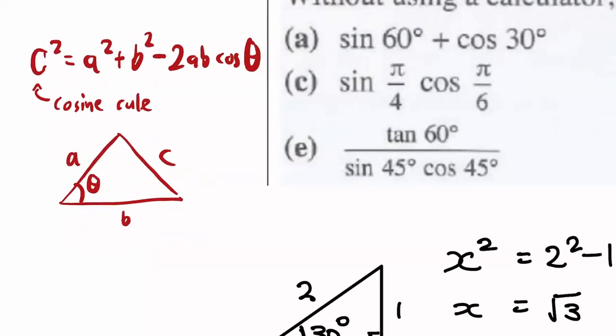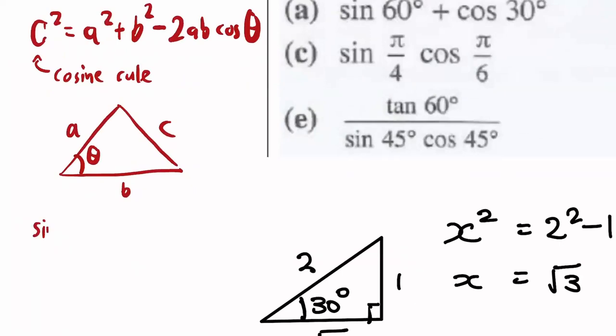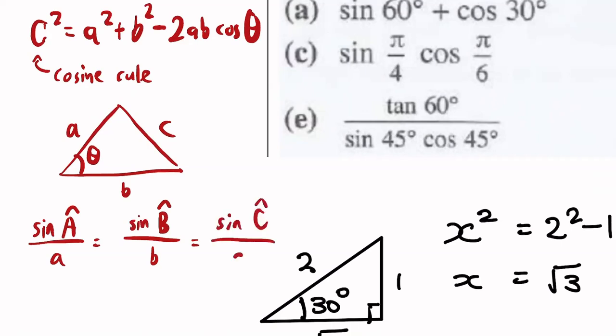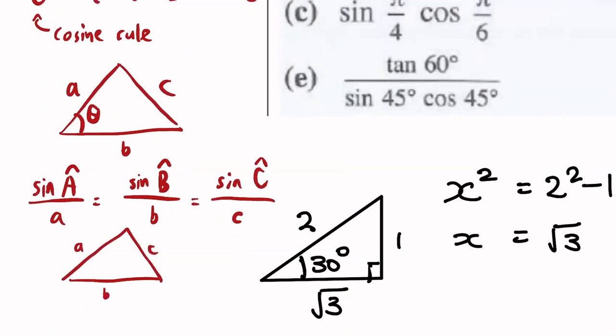Then there's also the other one, the sine rule: sine A over a equals sine B over b equals sine C over c, where the angles are capital A, B, C and the lengths are small a, b, c.